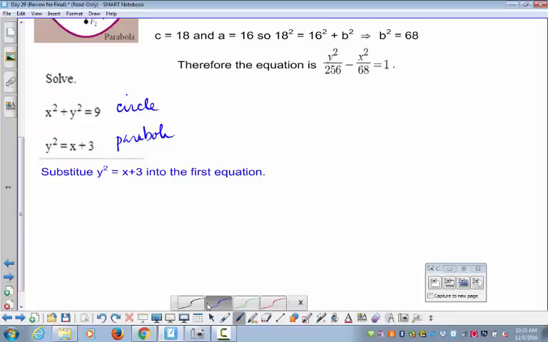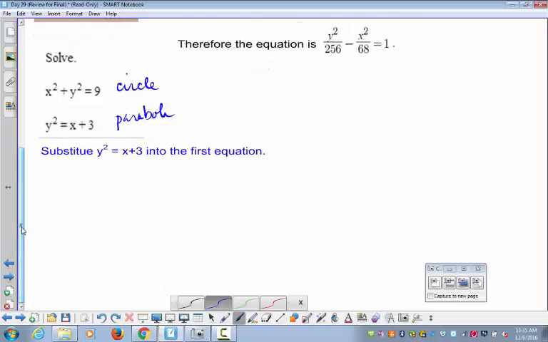Typically with these nonlinear systems, substitution works really well. Second equation, we have y squared equals x plus 3. We're going to plop it into the first equation: x squared plus x plus 3 equals 9.